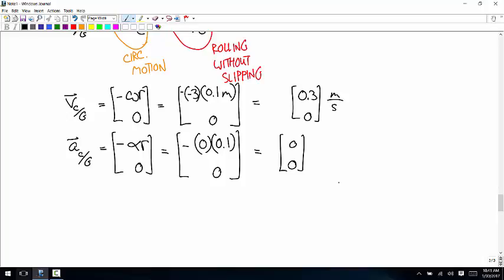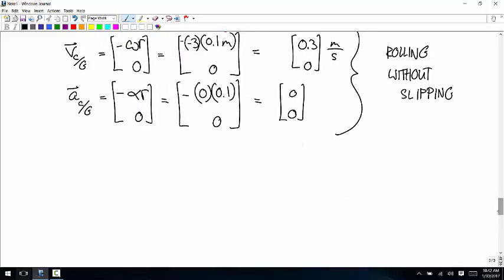So this is the rolling without slipping part. And now we'll go to the circular motion part.